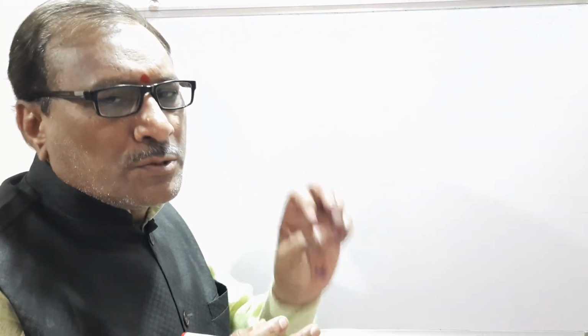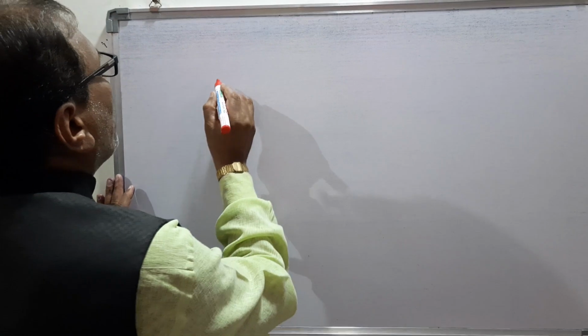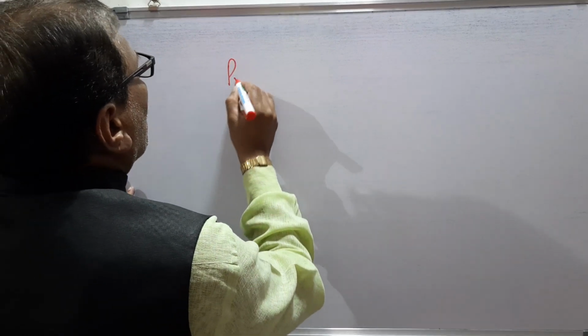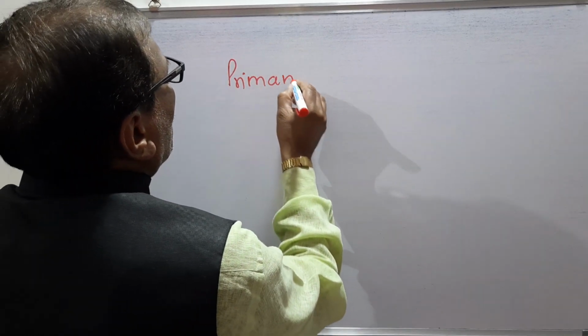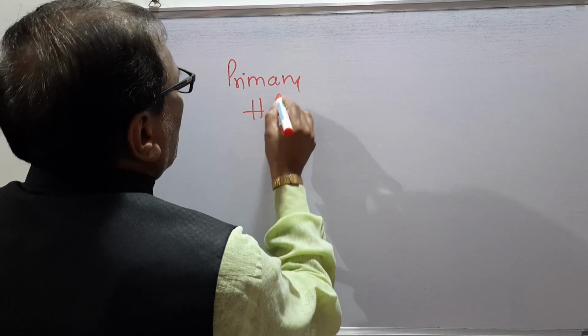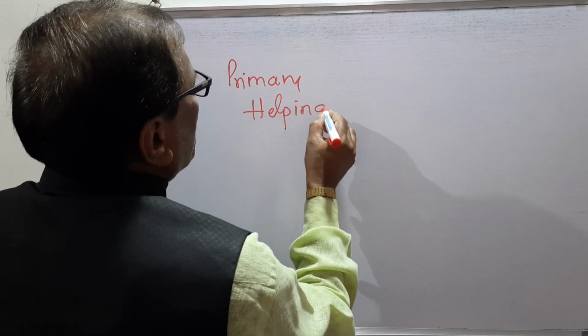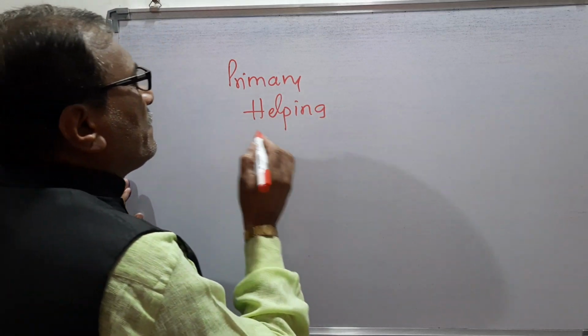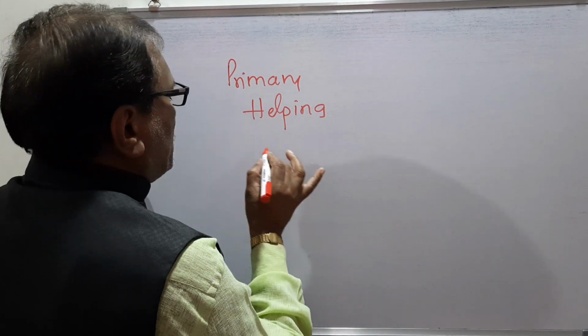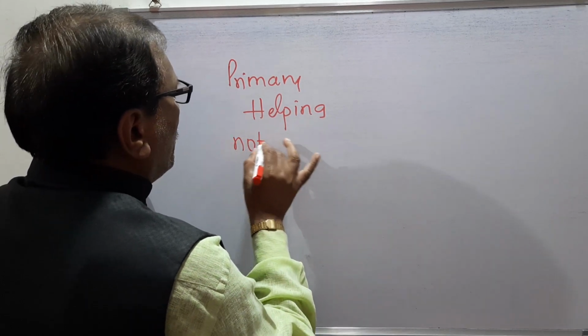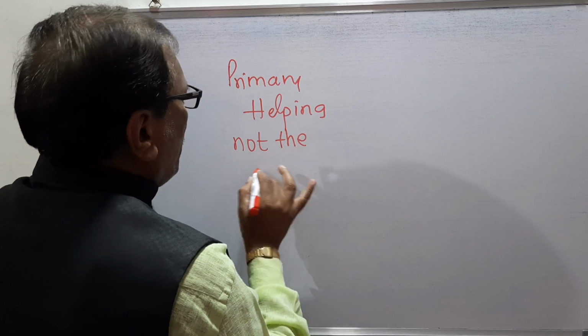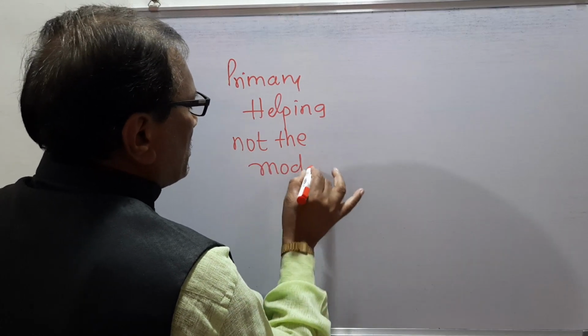I am teaching you today the topic, the primary helping verbs. So what is the primary helping verb? The primary helping verb is the verb which is not the modals. Remember, not the modals.